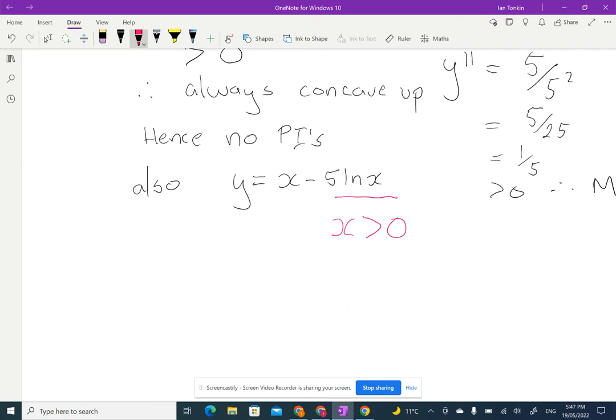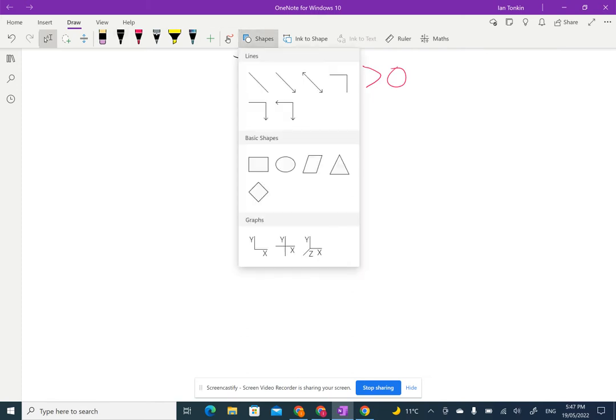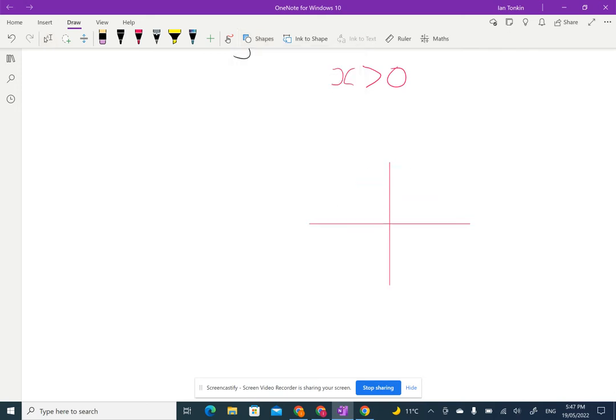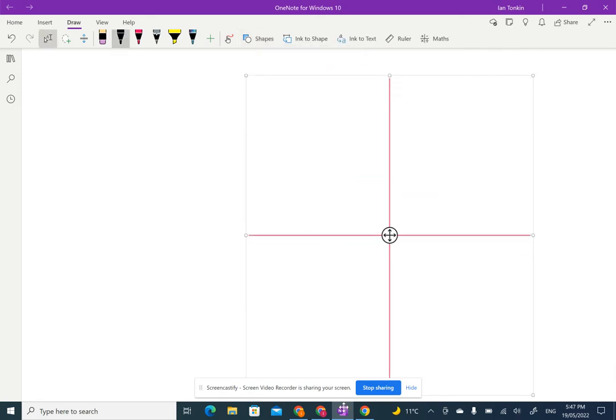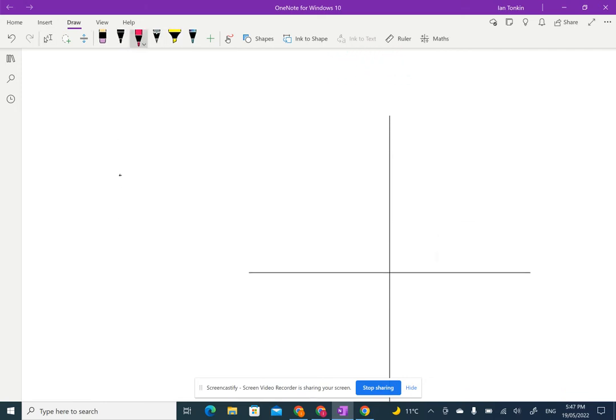So we know that it doesn't go anywhere to the left. So now we've got a few things that are going to help us sketch this thing. So where are my shapes? Let's get myself an x and y plane. Let's make that black. Righto. So what do we know? We know that it can't touch this.